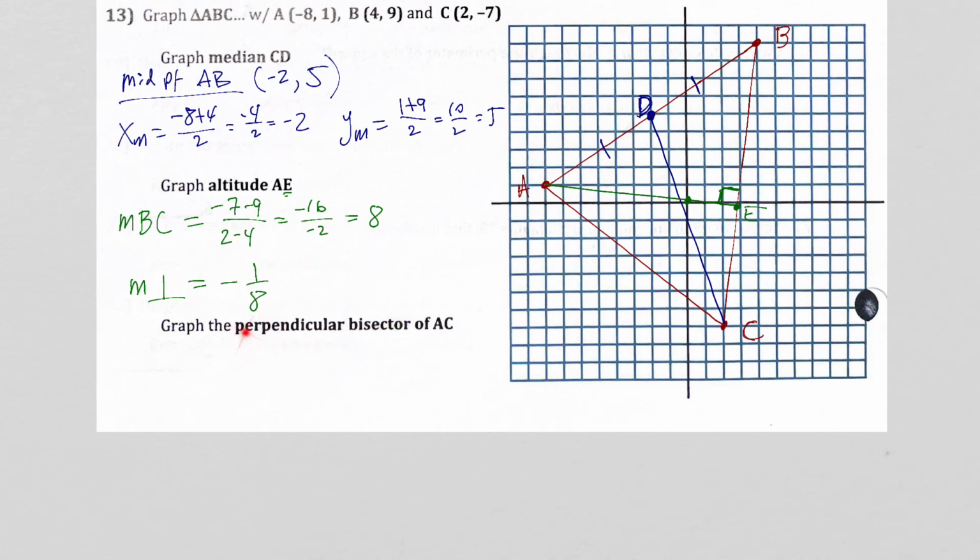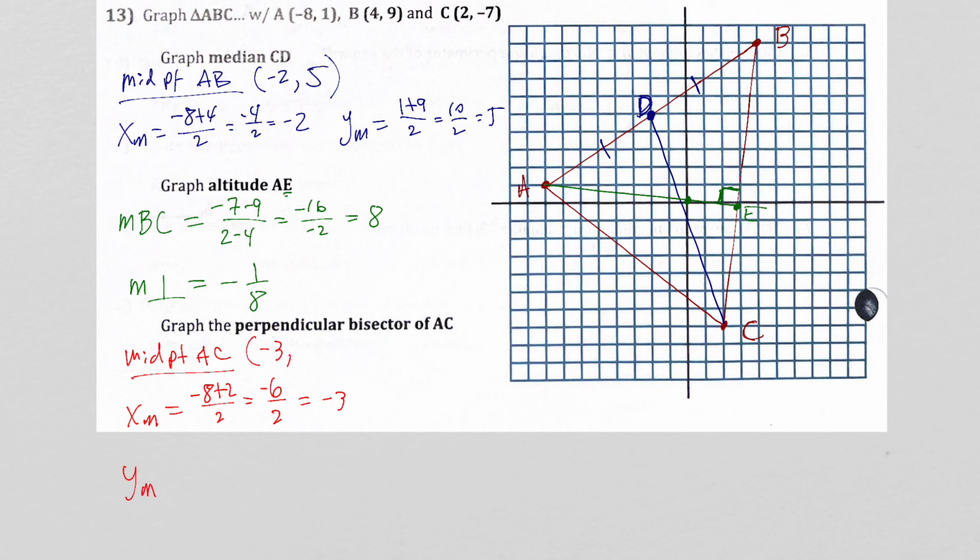All right, to find the perpendicular bisector of AC, we first need to know what the midpoint is. It looks like it's right there, but let's show that. So the midpoint of AC, the x value of the midpoint is the sum of the x's, negative 8 plus 2, over 2, which is negative 3.